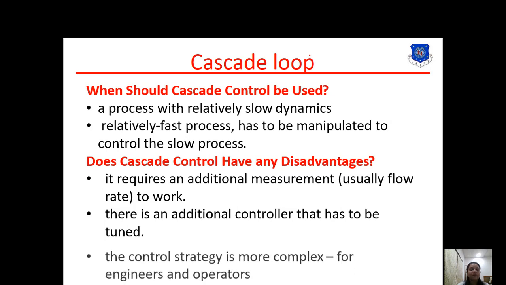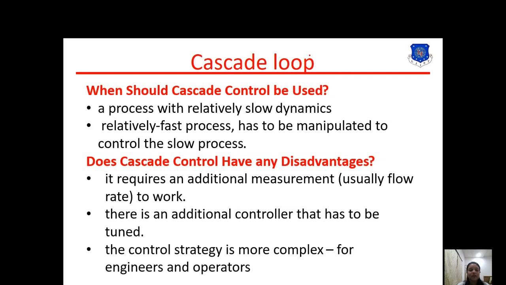The third disadvantage is that the control strategy is more complex compared to a single loop for engineers and operators, because we use multiple controllers here, and tuning multiple controllers is not easy for engineers and operators.